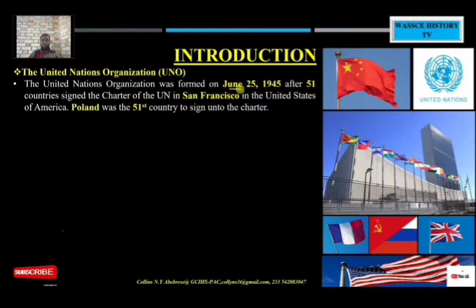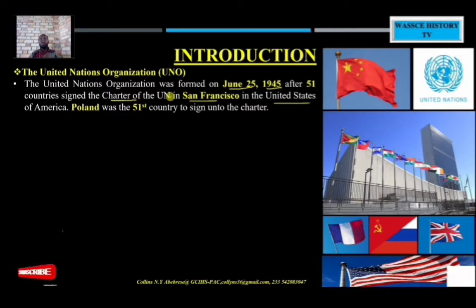Now, the UN was formed on June 25th, 1945, after 51 countries signed the UN Charter in San Francisco, which is in the United States of America. The UN Charter was an agreement signed after the Second World War.